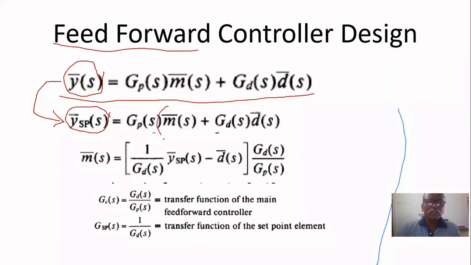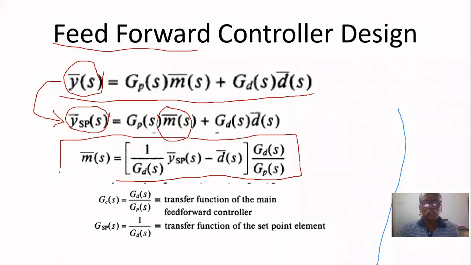Now find m of s, because m of s is the manipulated variable. That's why if you bring all to one side except m of s, then you will get this equation. This is the controller for the disturbance d, whatever may be the disturbance, but it must be measurable disturbance.